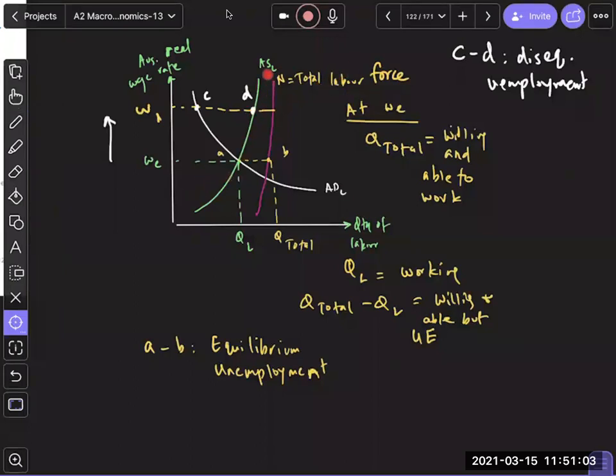Aggregate supply curve includes only those who are employed, and actually at equilibrium. For example, if they're employed, then it will be QL, right? So the difference between aggregate supply of labor and total labor force will be basically all those people who are willing and able to work but unable to find work, or unable to work in a particular job. Make sense? Any questions about that?